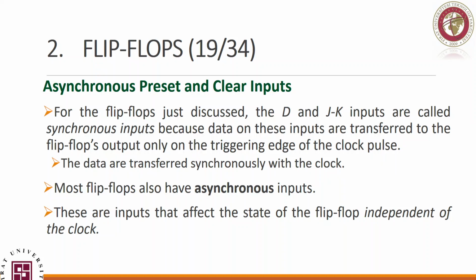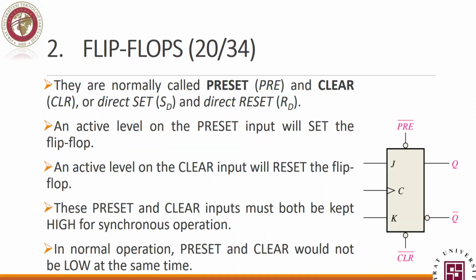We can change the output based on another input somewhere else, not the clock or J and K, because these are also contributors to the output, as we explained before. Now, these two inputs may control the output based on their activation.